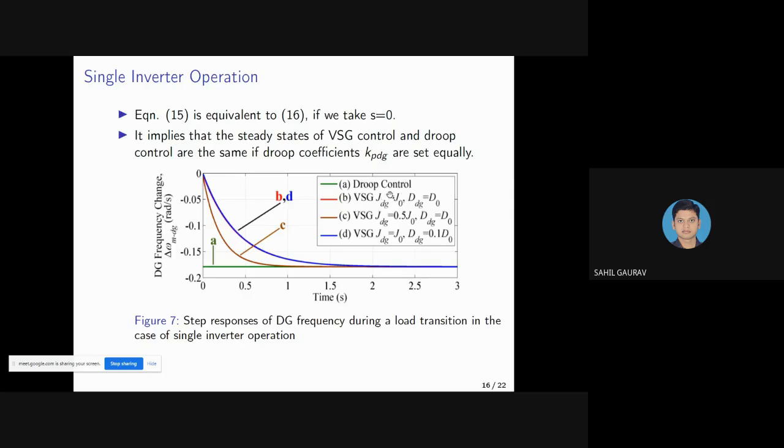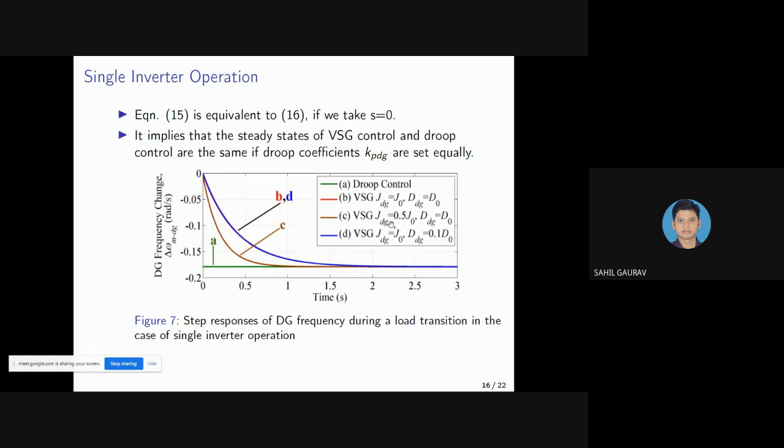If we compare B, C, and D: in B and D, the angular moment of inertia is considered the same, J_D equal to J naught. In C, we have just half the angular moment of inertia.